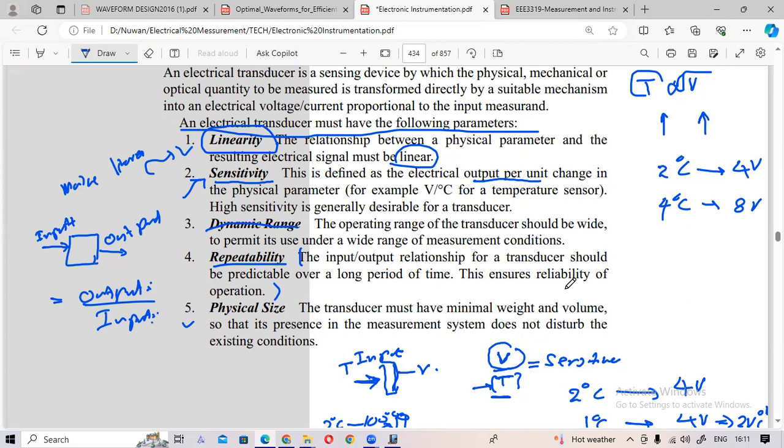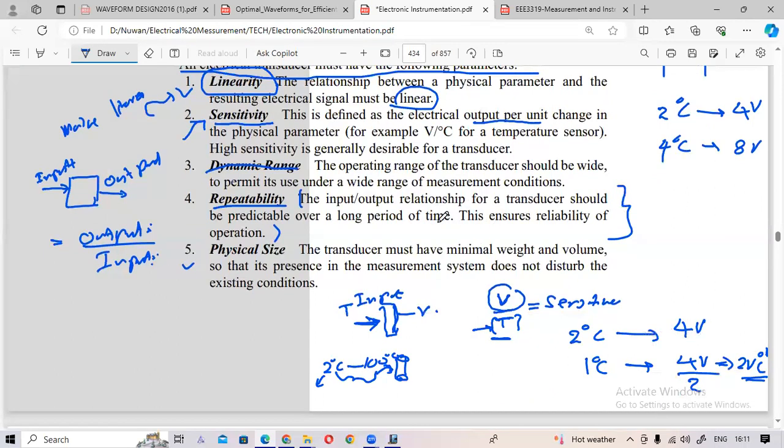This means actually maybe the lifetime is measured using this one. Actually, this is also some kind of linearity, no? That means we should be able to tell the output according to the input.